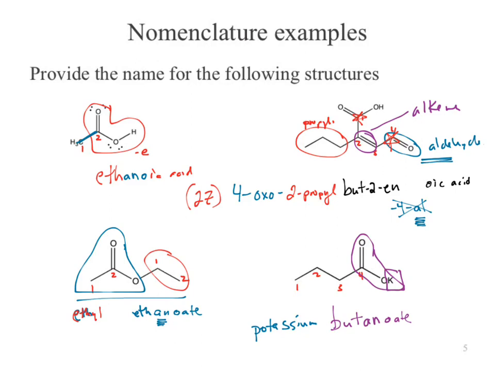Okay. So after all of that, let's go back and look at that starting structure, upper left-hand corner. We called that ethanoic acid. Does anybody call it something else? Acetic acid. Why'd you call it acetic acid? It's a common name. Okay.